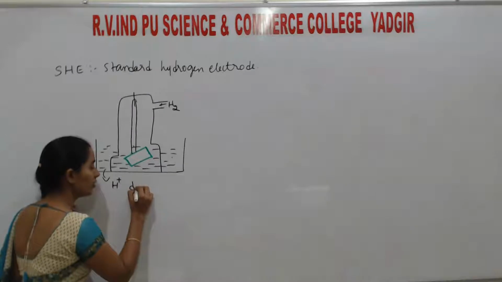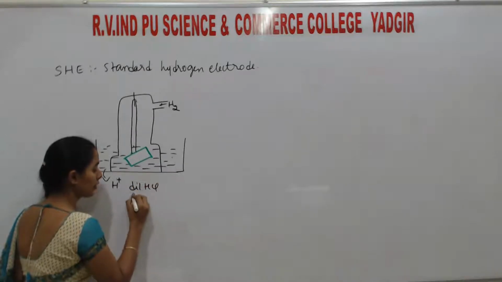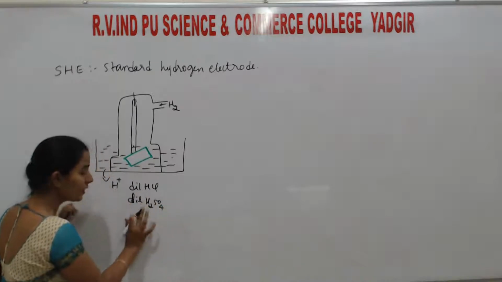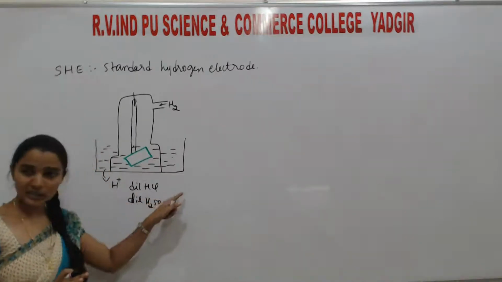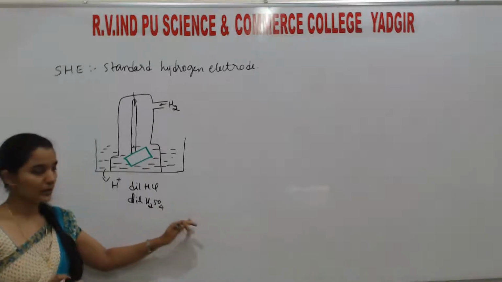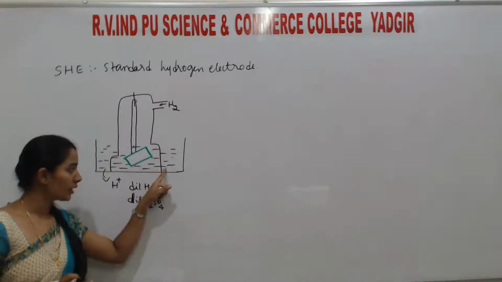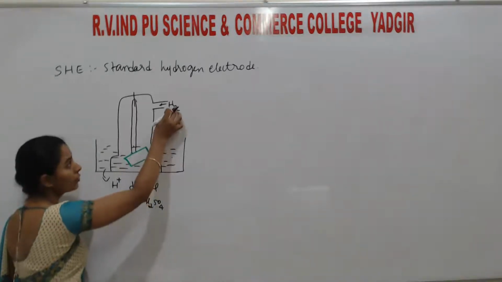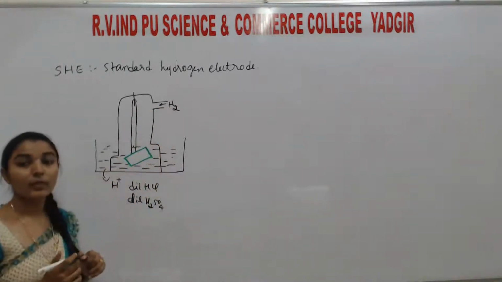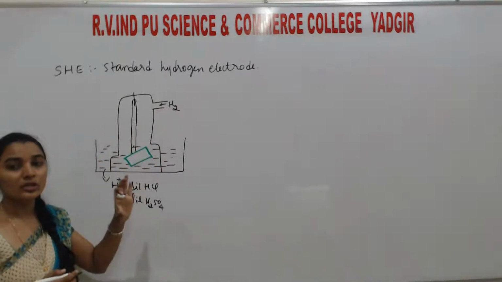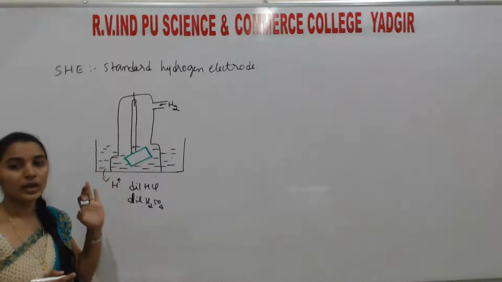You may take dilute HCl or dilute H2SO4, anything that must consist of H plus ions. HCl means H plus and Cl minus. H2SO4 means 2H plus and SO4 2 minus. Dilute acids we have to take as the electrolyte, and the platinum electrode is here, and to that hydrogen gas is bubbled. This is the arrangement of SHE, the standard hydrogen electrode.